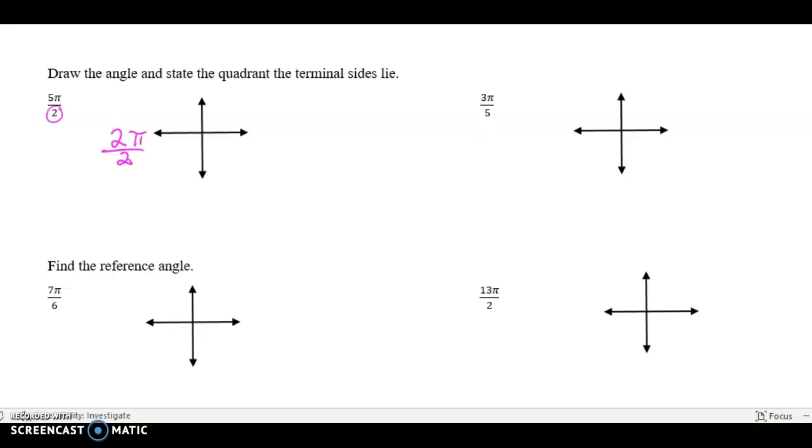So I want to count off 5 pi over 2. So starting over here at the initial side, I would have 2 pi over 2, 4 pi over 2, and one more pi over 2 would make 5 pi over 2.